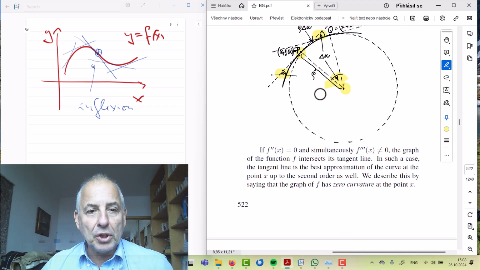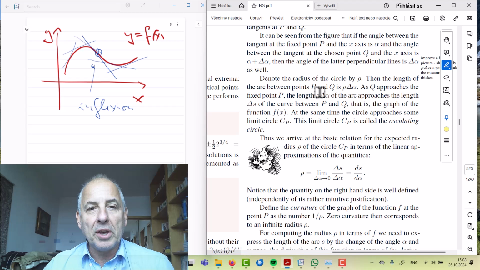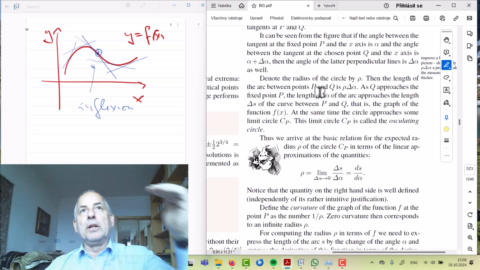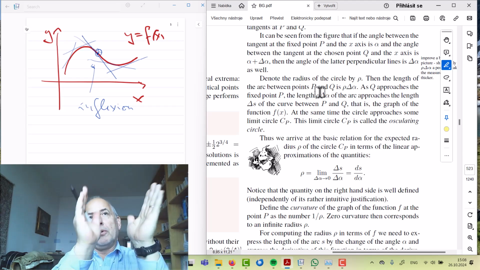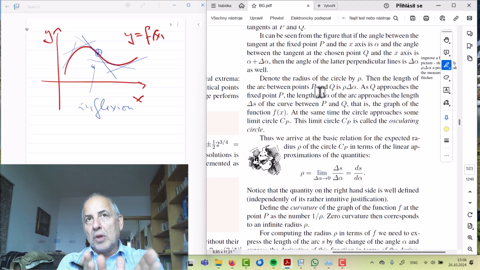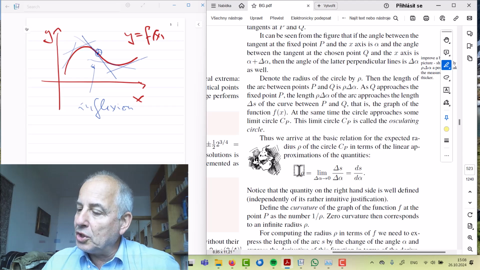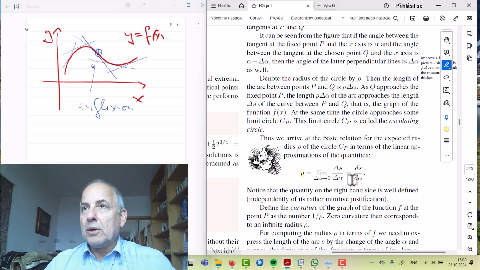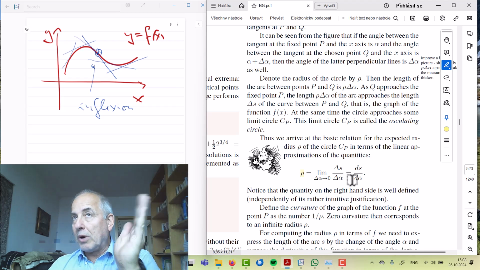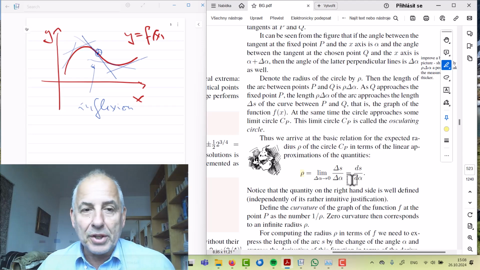And then there is maybe a little bit tricky consideration, because we measure the angle by the length of the circle, which is between the two lines giving us the angle, right? So that will be s, the length. And we see that rho, the radius of the circle, will be just the derivative of the length by the angle, right? So the bigger it is, yeah, that's because it's just this relation.